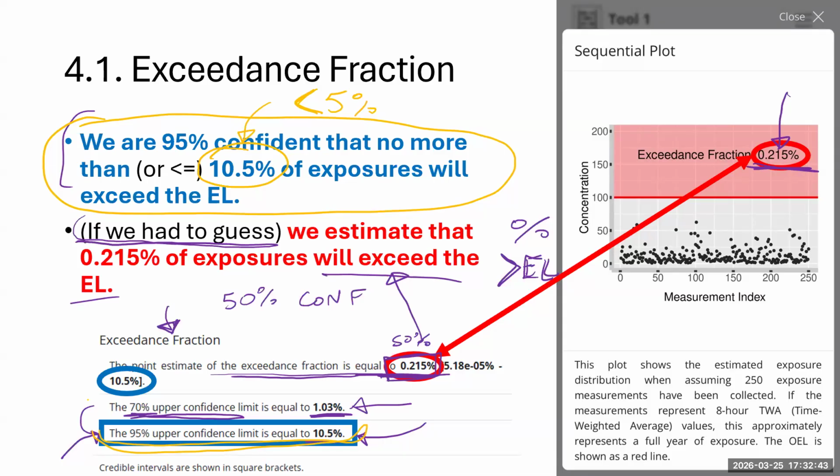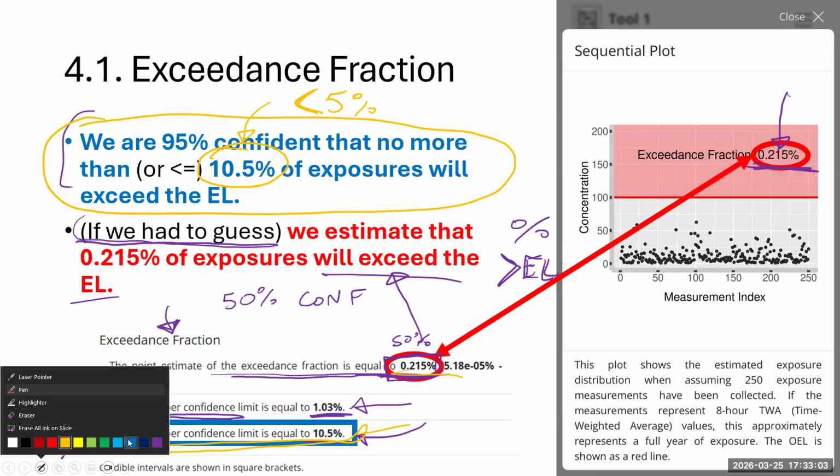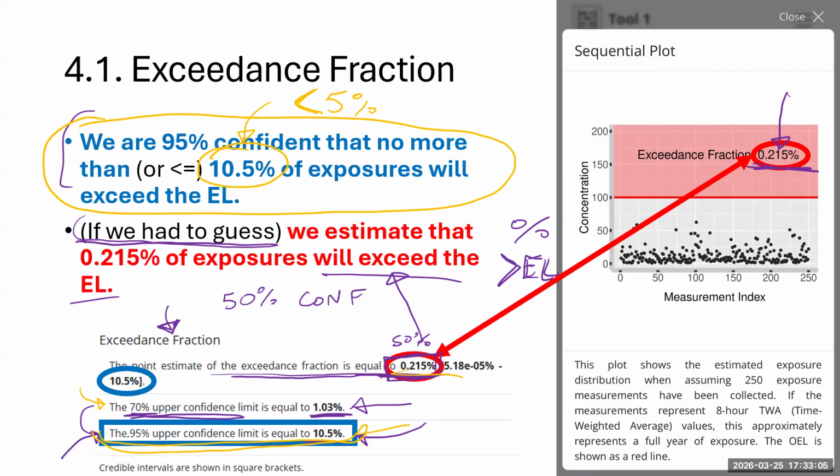So I know for some the 70% is a big deal, and maybe some want the point estimate. But I like the 95%. Now, that being said, I don't always report all of these. I don't report everything that we're talking about. We're interpreting so we understand what it means, and then we'll talk about reporting.